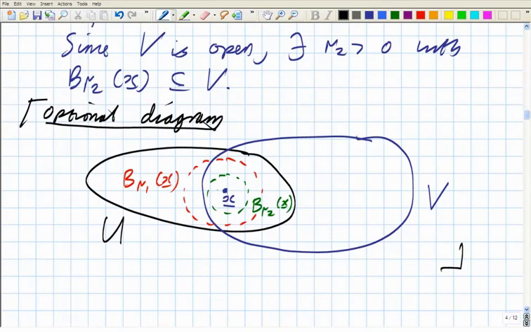So we'll set little r to be the minimum of those two values, r1 and r2. We don't know which it is. And note that since r1 and r2 are both positive, so is this.